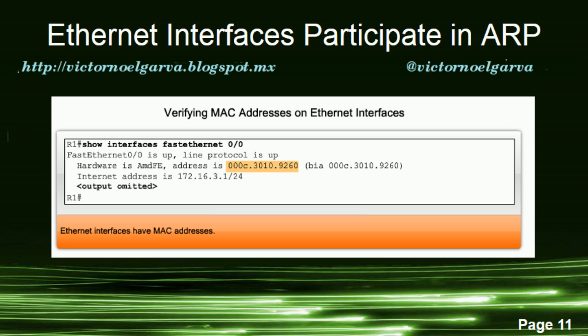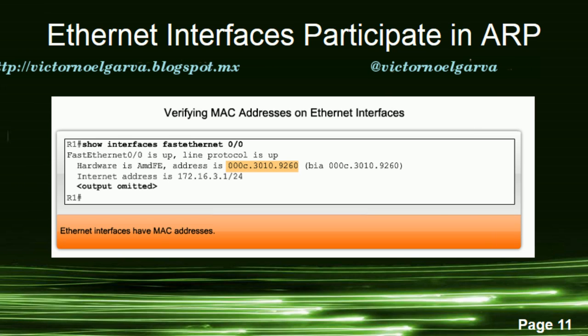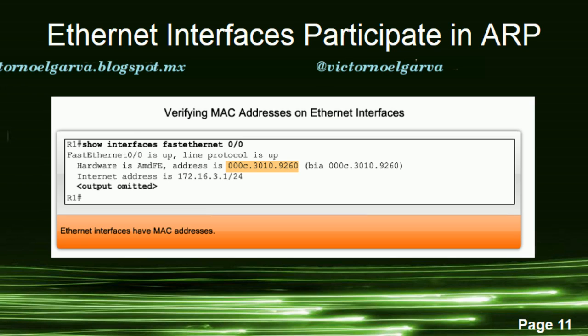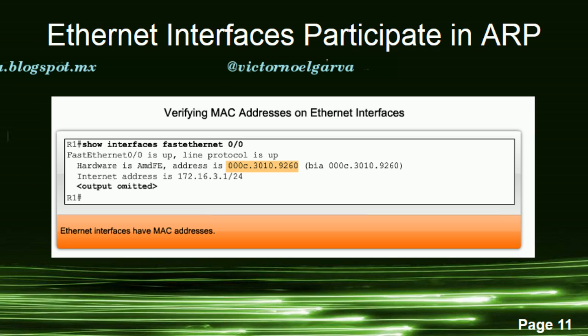If a router has a packet destined for a device on a directly connected Ethernet network, it checks the ARP table for an entry with that destination IP address in order to map it to the MAC address. If the ARP table does not contain this IP address, the Ethernet interface sends out an ARP request. The device with the destination IP address sends back an ARP reply that lists its MAC address.